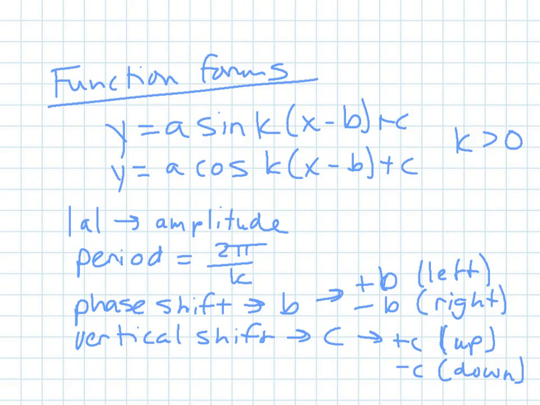So 2 pi over K. Then times x minus a value of b, which is your phase shift. Remember, if it's positive b, then it means you're moving to the left that much. If it's minus b, it's moving you to the right that much. So the reason why they put minus in here is to get you to remember it's the opposite. That's why I wrote that there.